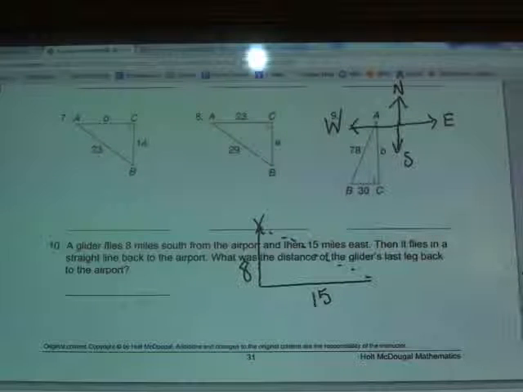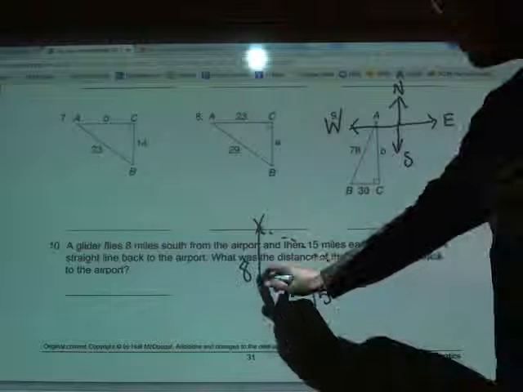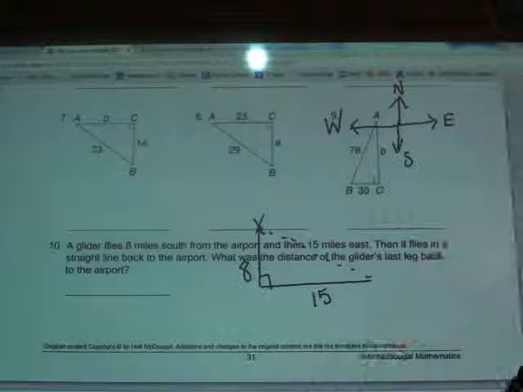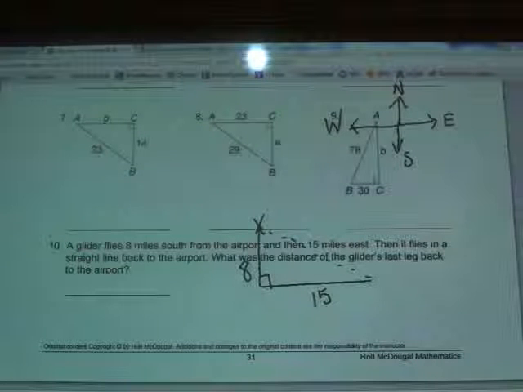And as you can see, there is your right triangle, because here, the south and east legs, when we put those together, form your right angle. Remember, you have to have a right triangle to do Pythagorean theorem. If we wouldn't have that, this question doesn't involve Pythagorean theorem. But since we do, that's what it's all about.